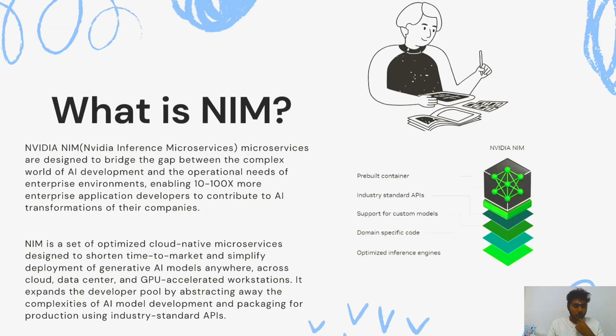So let's discuss what NIM is. Nvidia NIM is Nvidia Inference Microservices. With microservices, we have different services which are split up and running separately. It's containerized and cloud native, so everything runs separately and we can integrate almost anything.